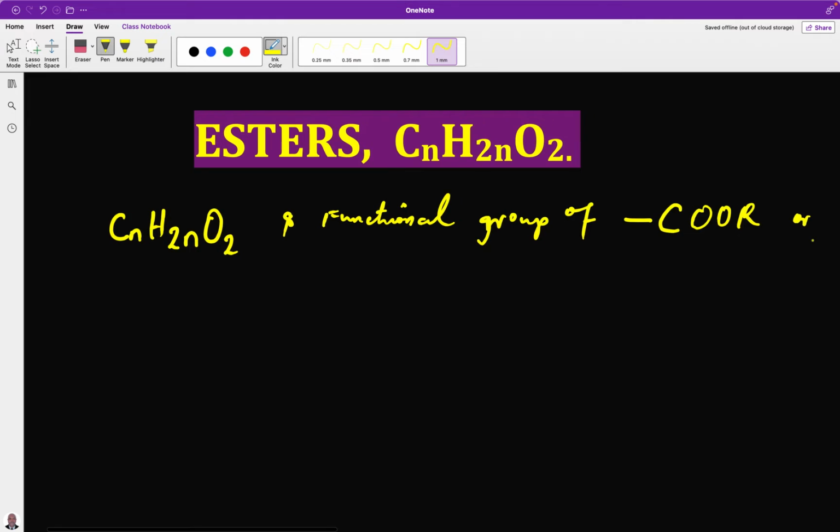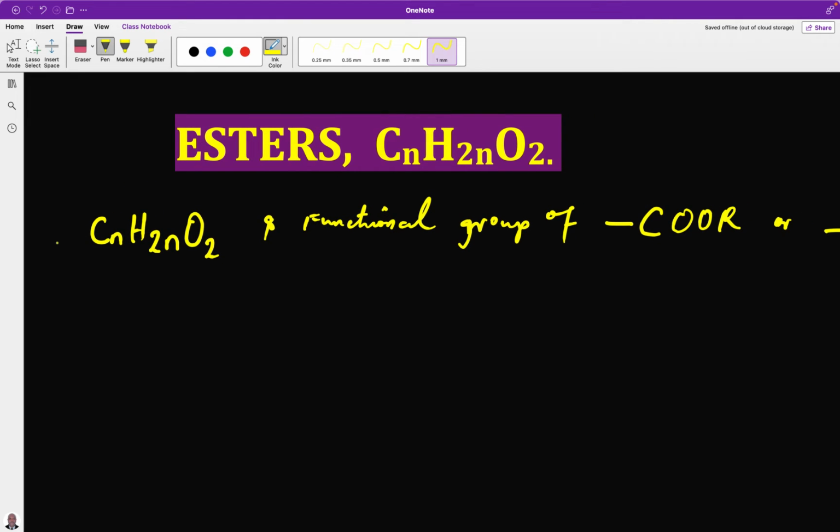It should be recalled that esters are derivatives of carboxylic acids.